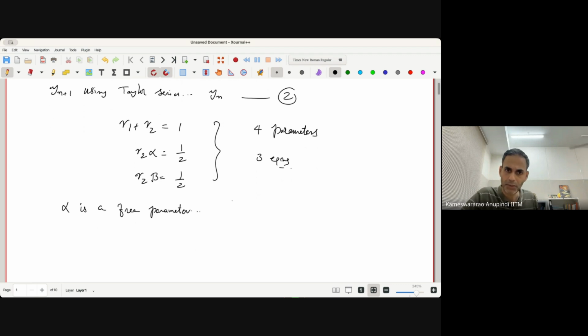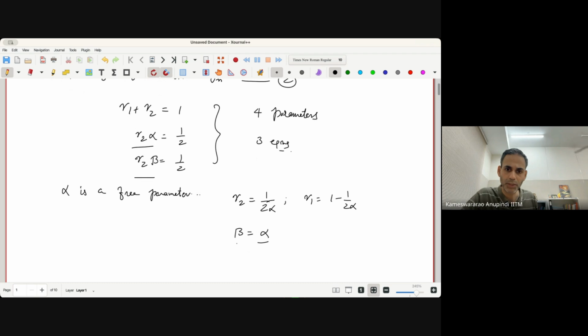Then from these equations, if alpha is a free parameter, gamma 2 equals 1 by 2 alpha. Gamma 1 equals 1 minus 1 by 2 alpha. And then beta would be equal to alpha, right? Because gamma 2 alpha equals 1 by 2 and gamma 2 beta equals 1 by 2, in which case beta equals alpha.